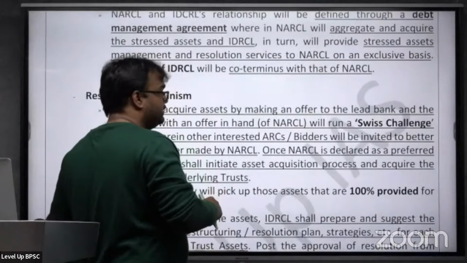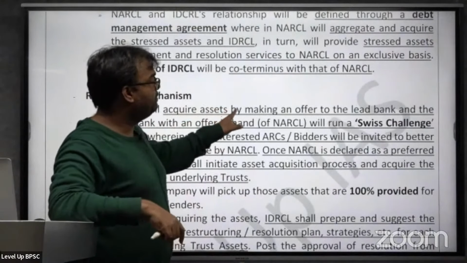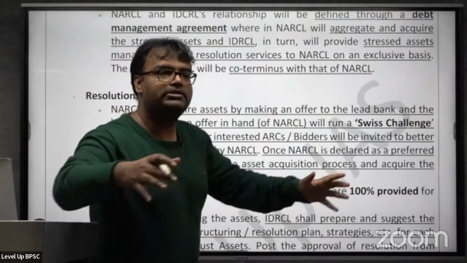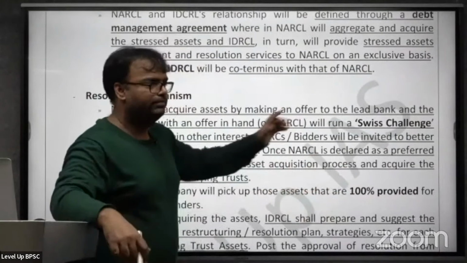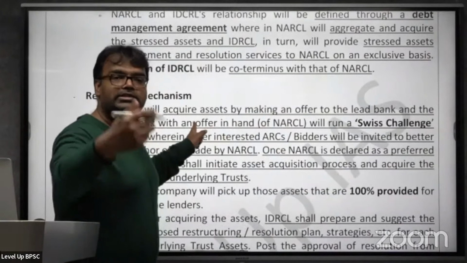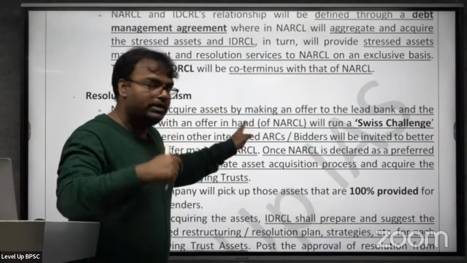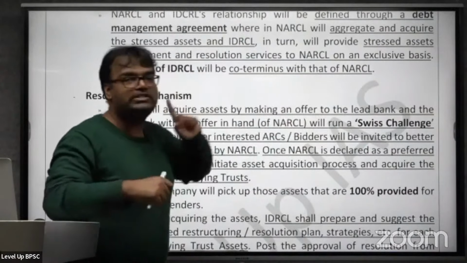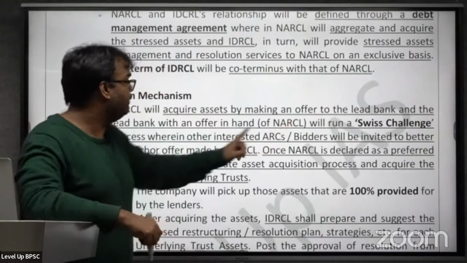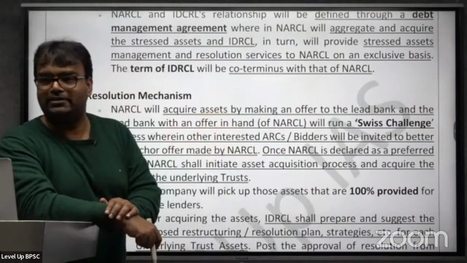Let's come back here. This is something that is written here also. NARCL will acquire assets by making an offer to the lead bank. Sometimes many banks together give a loan that becomes an NPA, so there is a lead bank. The lead bank, let's say SBI, with an offer in hand from NARCL, will run a Swiss challenge process wherein other interested ARC bidders will be invited to better the anchor offer made by NARCL.